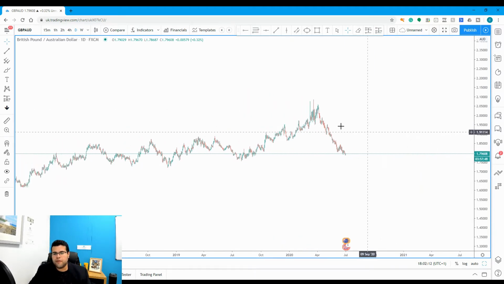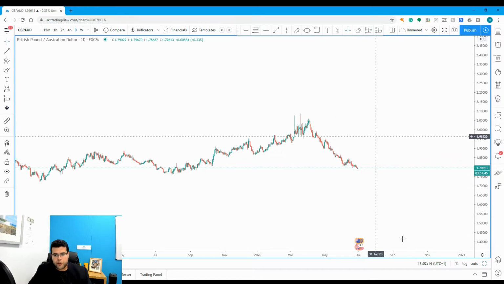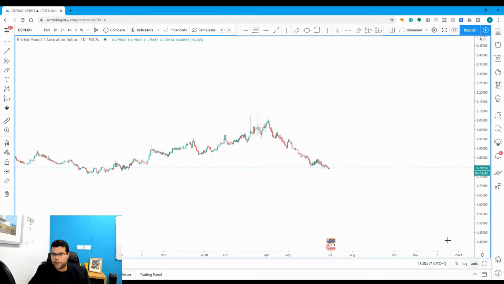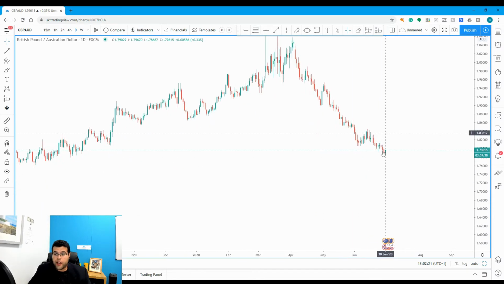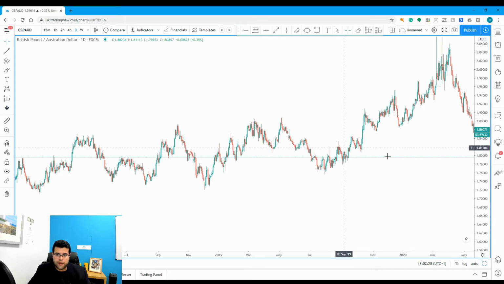So when we're looking for support, the first thing I want to do is, starting at current market, come across until I make contact with the candles again.